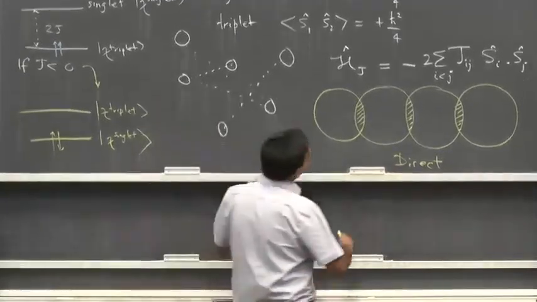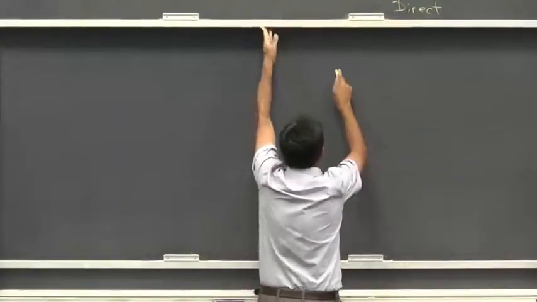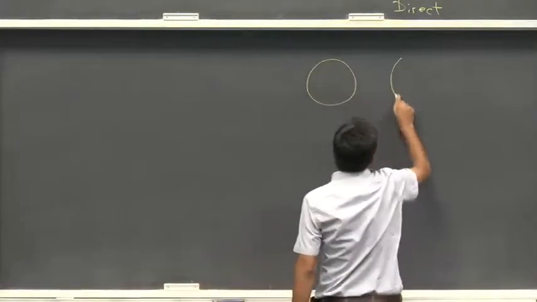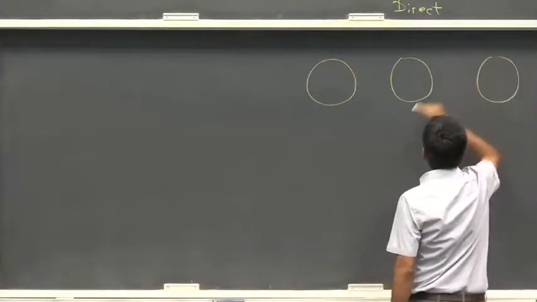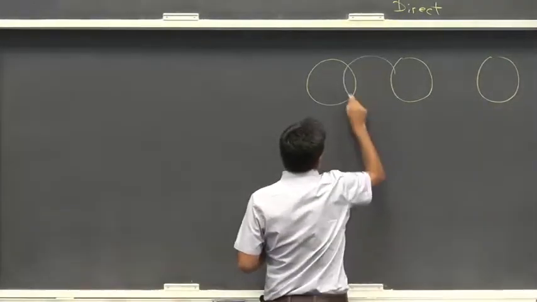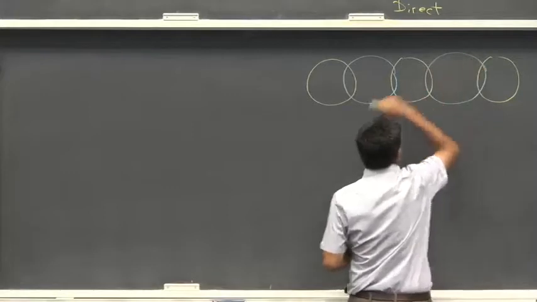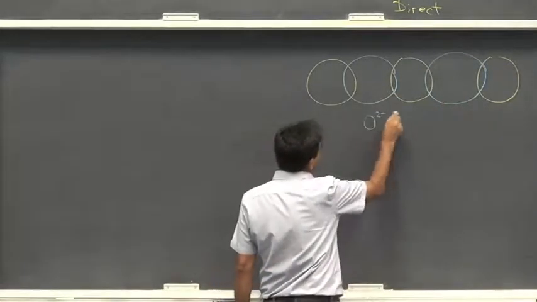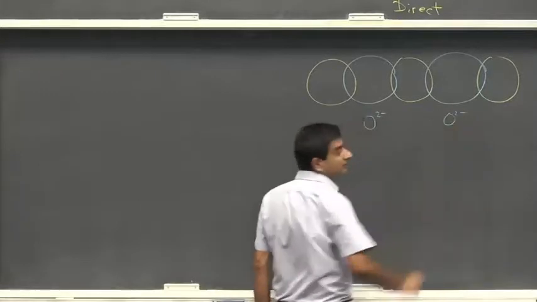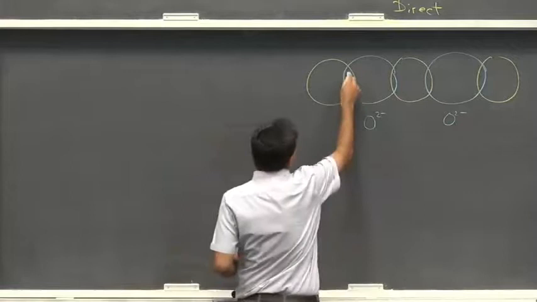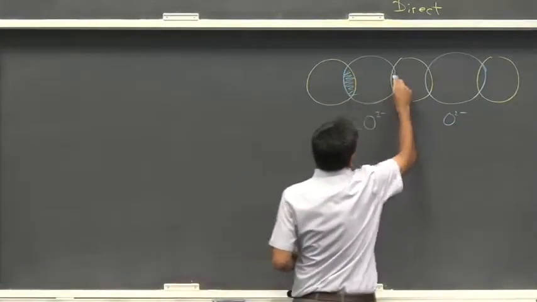So what we could also have are spins or magnetic moments. They're not directly overlapping, but in between we have some non-magnetic ions, such as oxygen. This is an oxygen ion. And the exchange interaction is mediated through these non-magnetic ions.